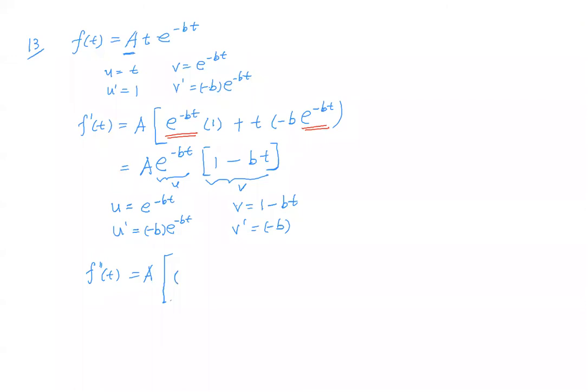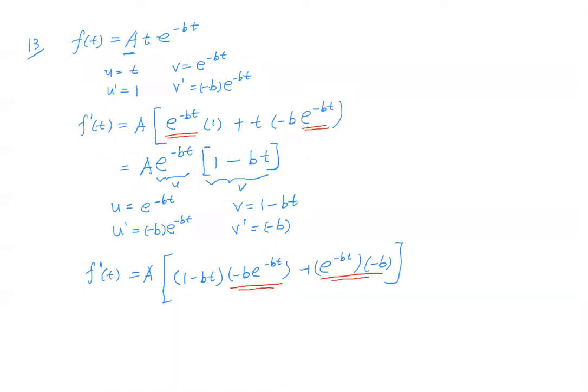V, always, if there's more than one term, you better bracket it up. U prime plus U V prime. So now you look at here. The common factor is this whole thing. Am I right? So I take out the whole thing.